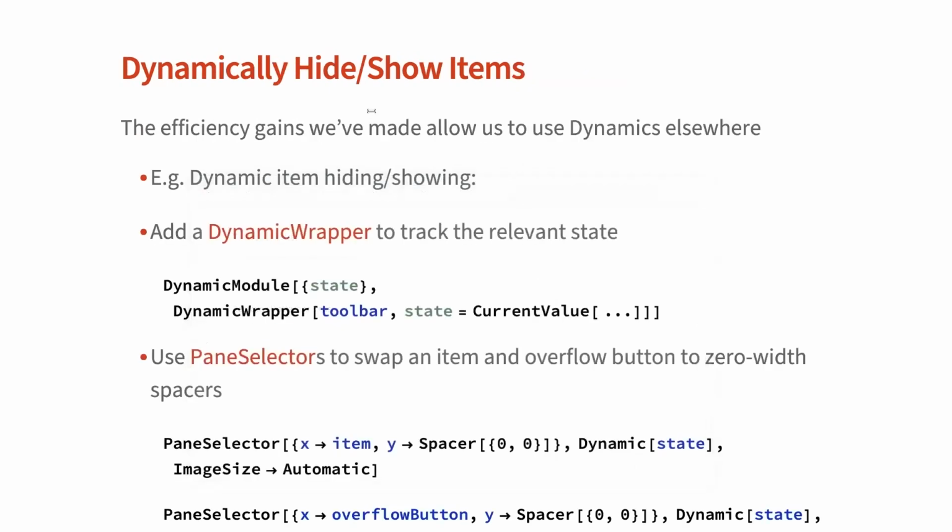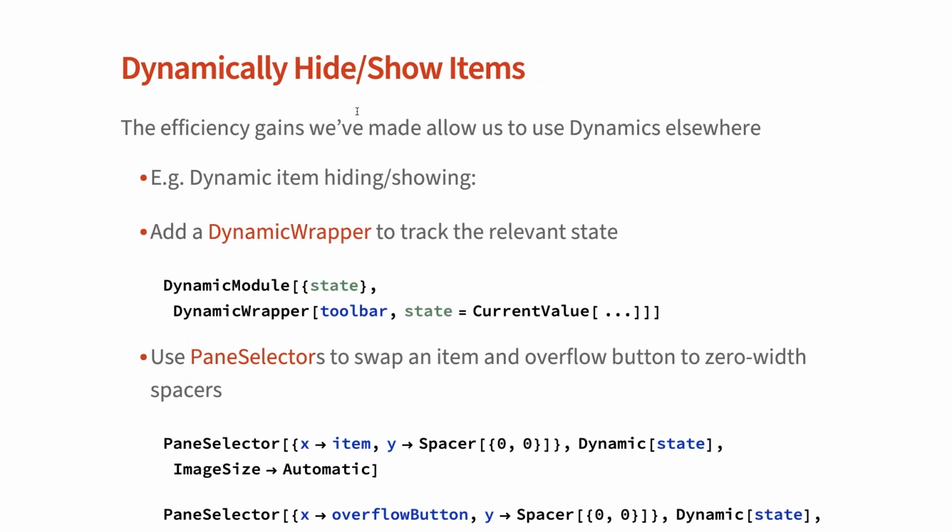Okay, so because we've got this solution that doesn't contain any explicit dynamics, we've freed ourselves up to use dynamics elsewhere. So we can do some heavier lifting elsewhere. What you might want to do, as I showed at the beginning, is dynamically hide and show some items based on a certain context. For example, whether the insertion point is in a text cell or in an input cell.